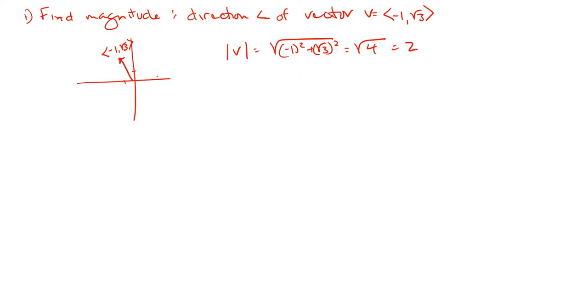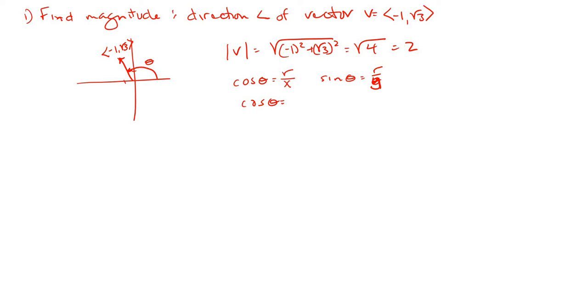The direction angle. Okay, so going back to our trig, remember that cosine is x over r, and sine is y over r.